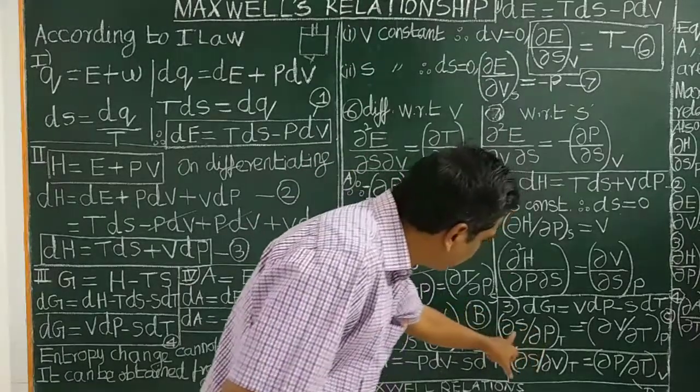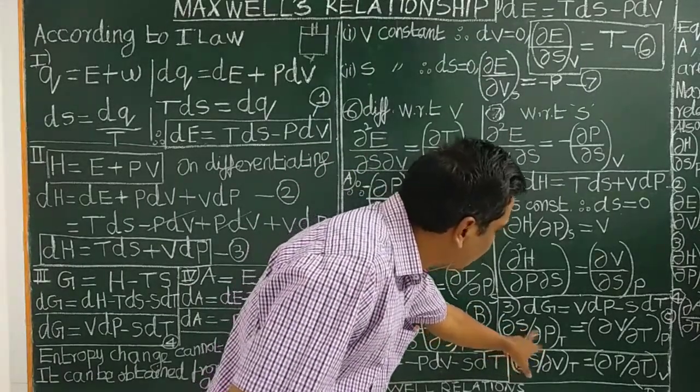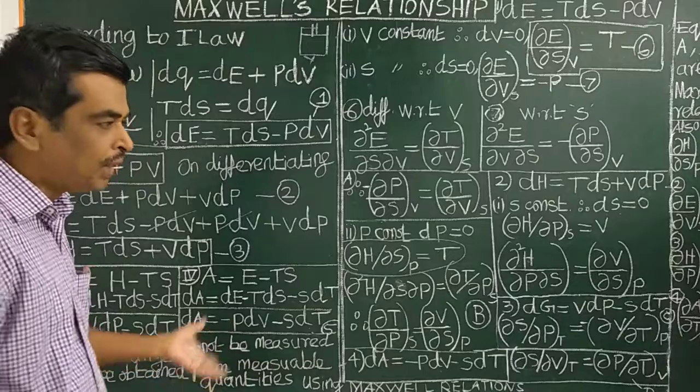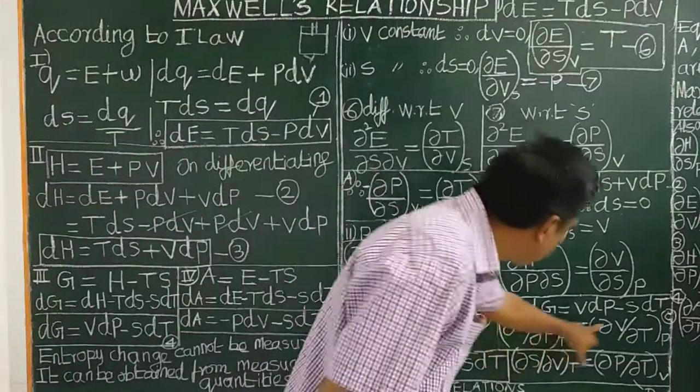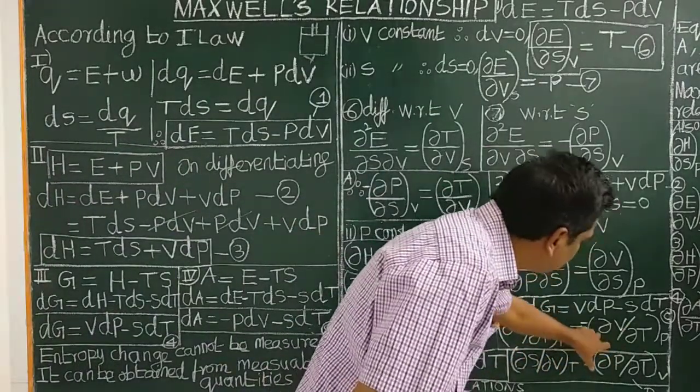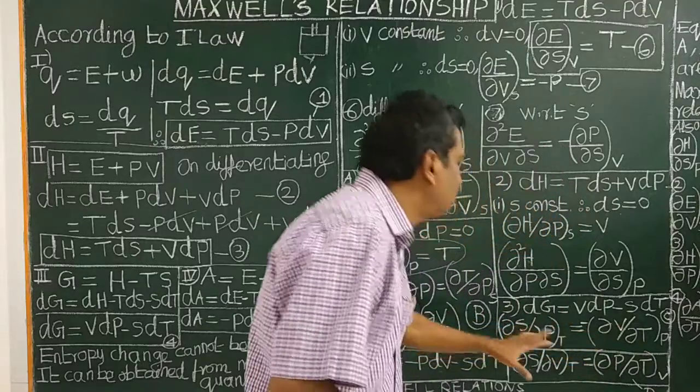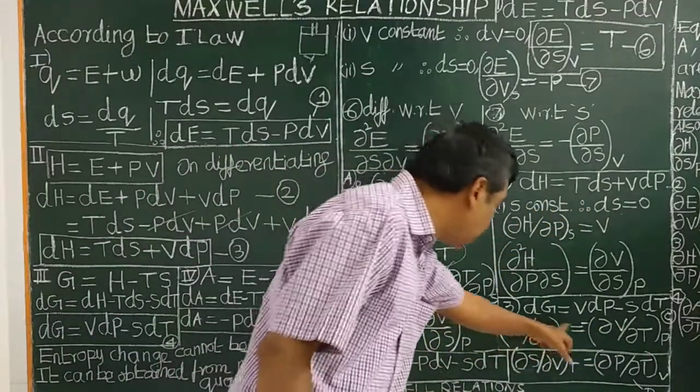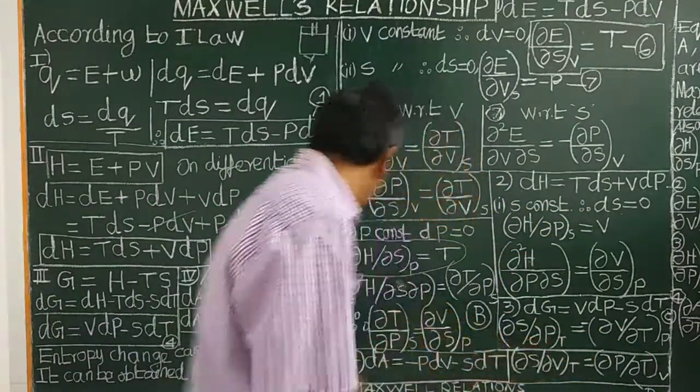Here the change in entropy cannot be determined directly, but using Maxwell's relationship, you know the right-hand side term. Therefore, you know the entropy change with respect to pressure.